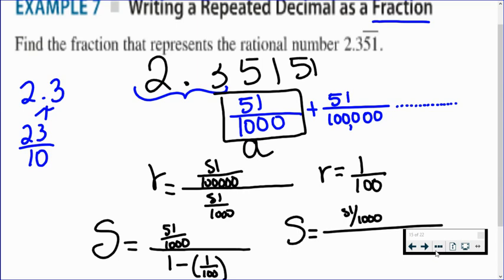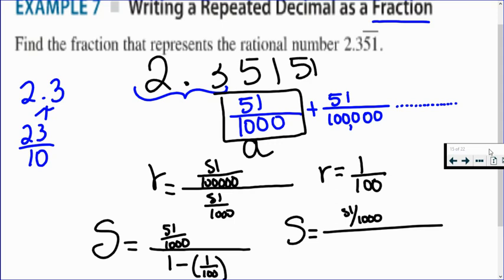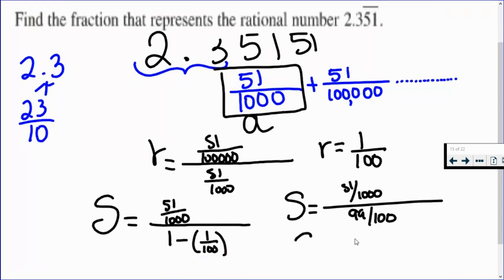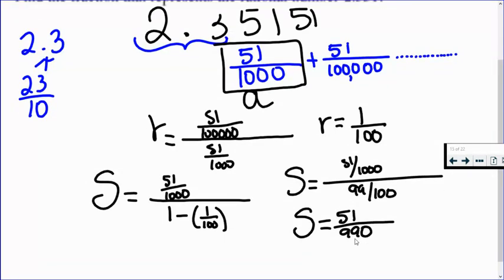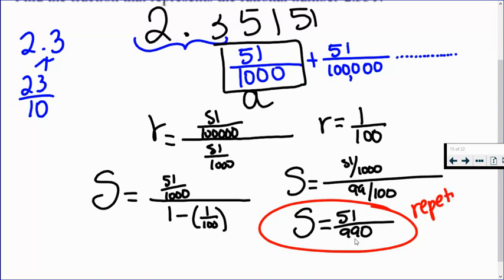I'm going to simplify the bottom part, and simplify this more. But that is not what I need. This only represents the repetitive part, not the whole decimal. Just the 51, 51, 51 part of this decimal.